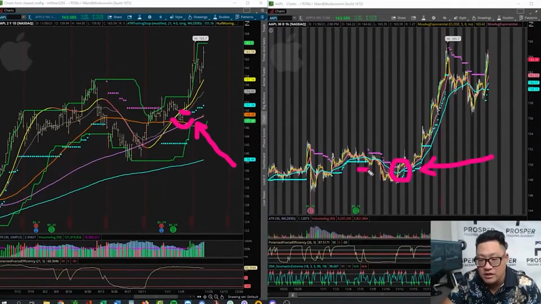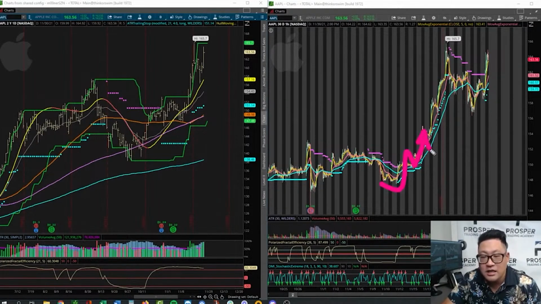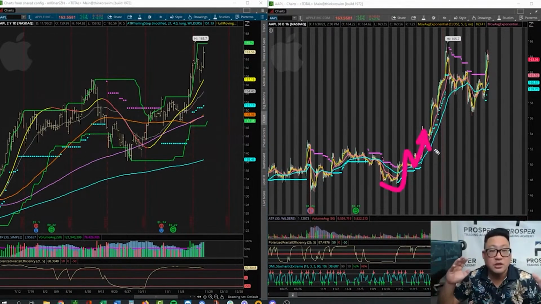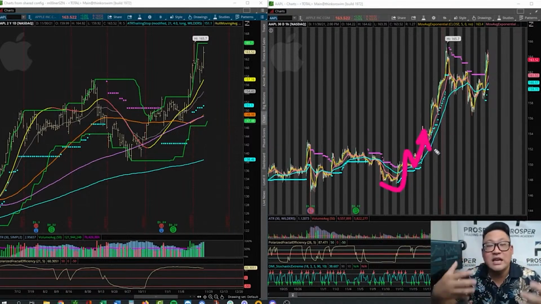Technical support at a very critical price level, the 50 simple moving average, and the crossover bullish sign that we saw after it crossed over and started to extend down. And that crossover extending down hit that 50 simple moving average and caused the EMAs to cross back up, which is, again, we're saying bullish sentiment, right?